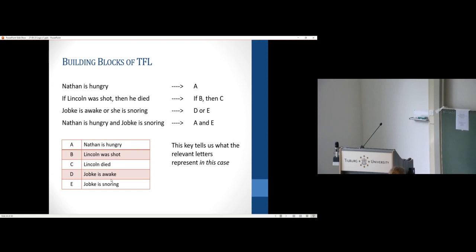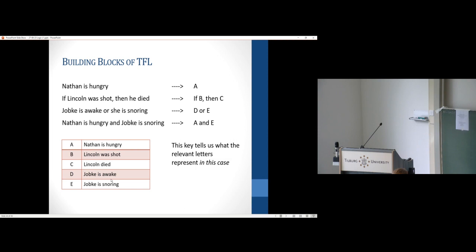Honestly, this is it. This is the basic thought behind TFL. We're going to take natural language arguments, map them to letters, express them, and then the next step is going to be looking at that structure, seeing if it's a good or bad structure.